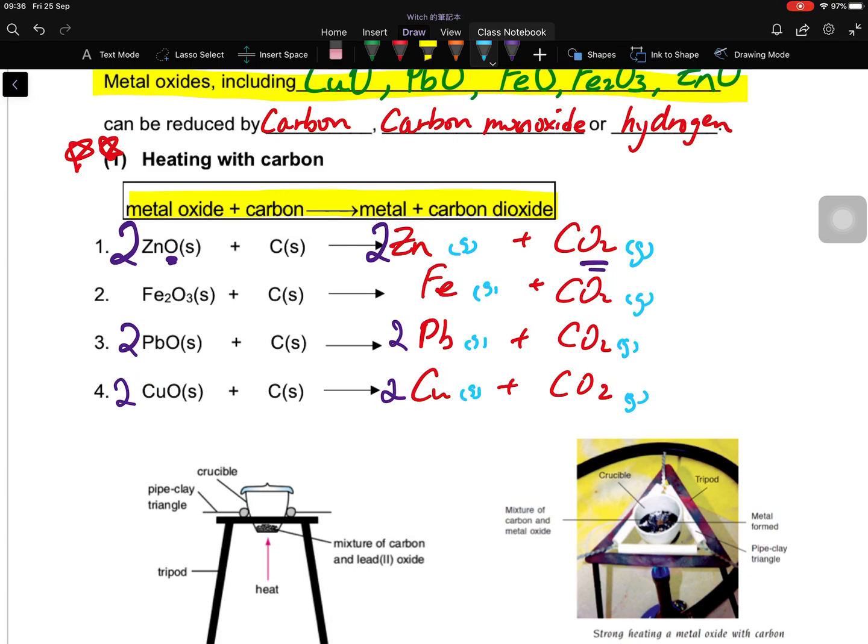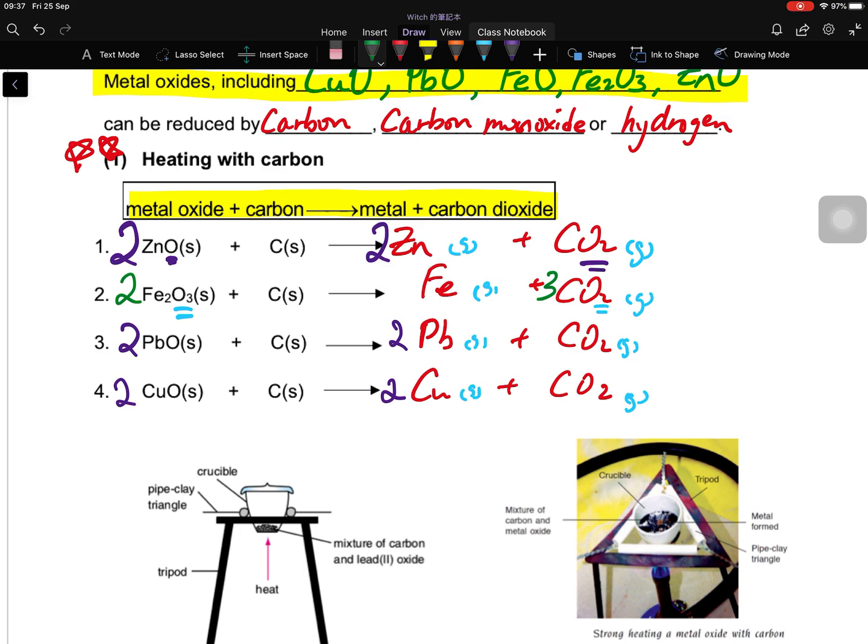Then let's see. On the left hand side, we got 3 oxygen, but on the right hand side we got 2. So what we should do is try to get the LCM, the lowest common multiple, and here we choose 6. That means on the left hand side we got 6 oxygen, and on the right hand side we need 3 CO2 to balance the number of O first.